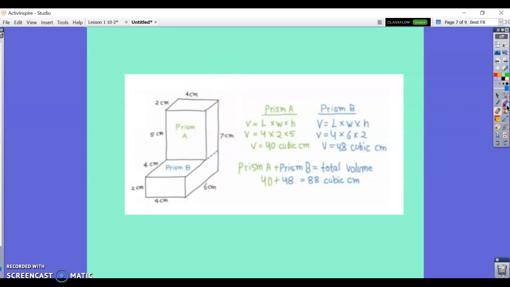So 7 centimeters is not something that I'm going to be using to find the volume of prism A. I need to take a look at the 4 centimeters.